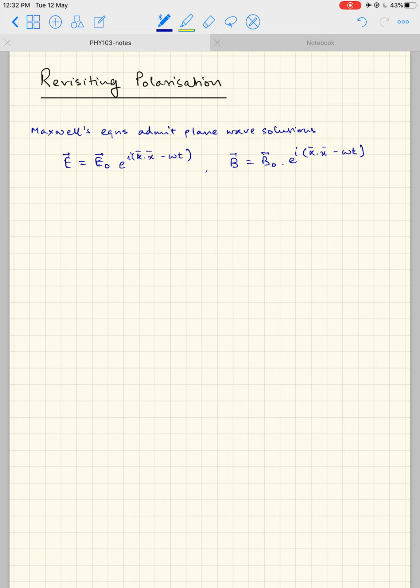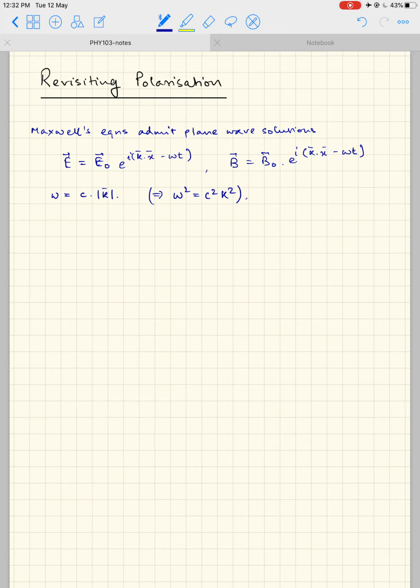So omega is equal to c mod k, if you wish. Last time we were also writing this as omega squared is c squared k squared, and this is the same thing.